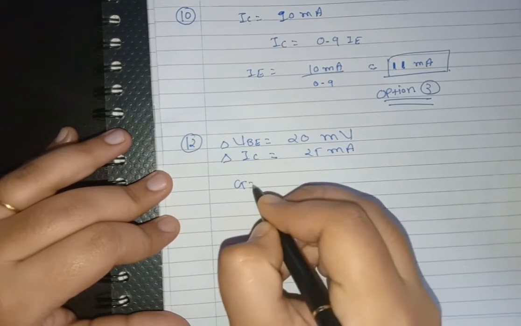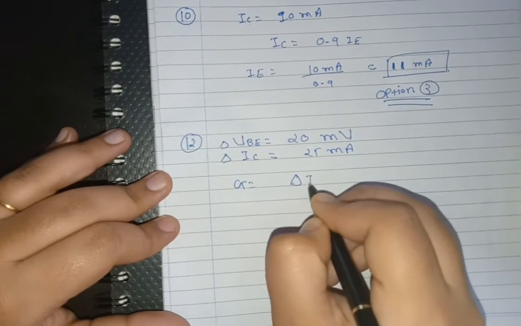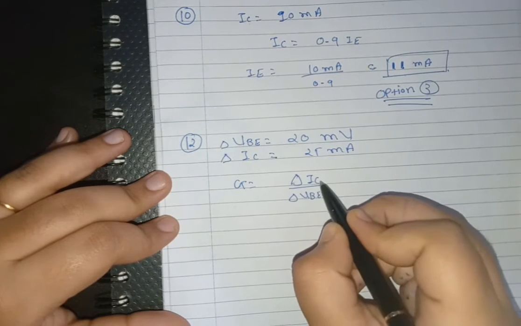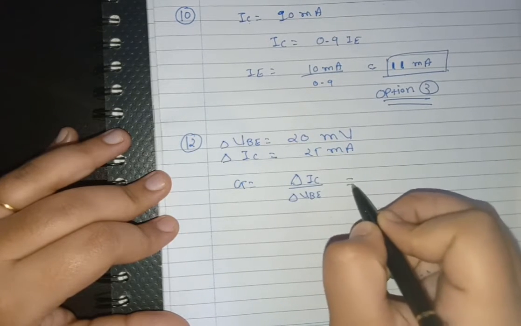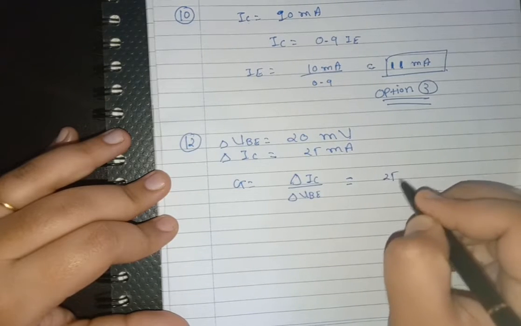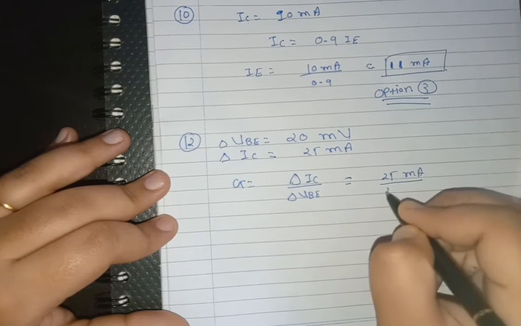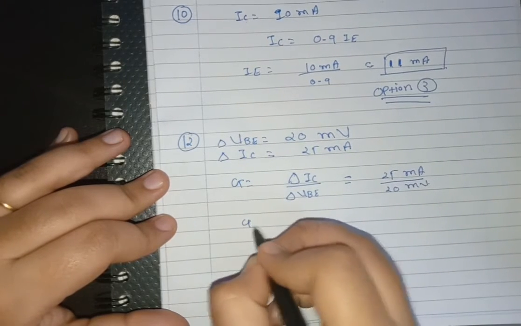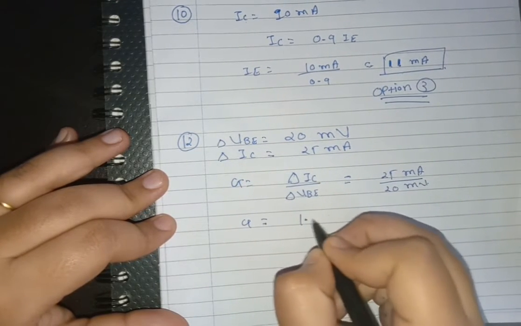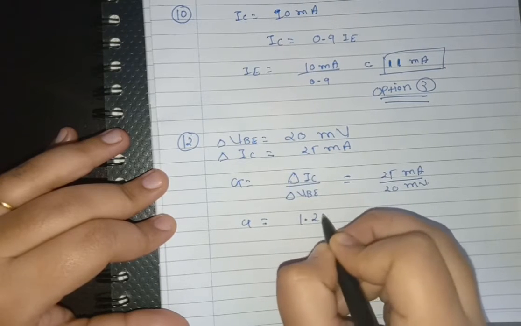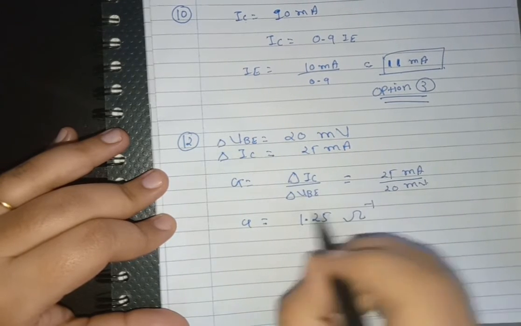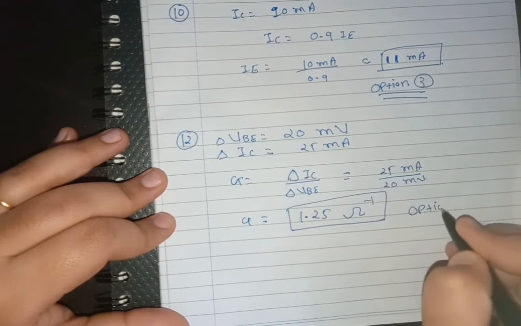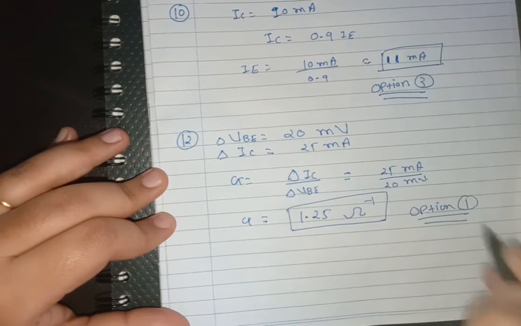The transconductance is given by delta IC divided by delta VBE, that is output current divided by input voltage. This is 25 milliampere upon 20 millivolt. This milli will get cancelled out, so transconductance will be 1.25 ohm inverse. So option 1 is correct option.